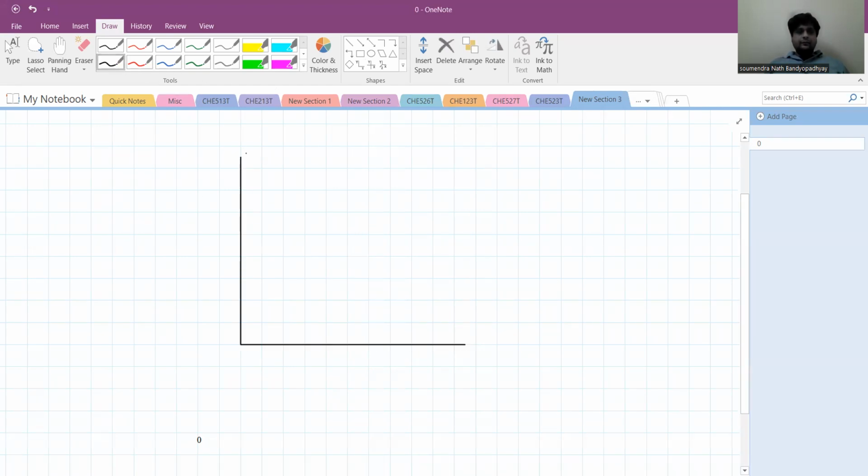I have one axis, say x-axis, which increases from the origin, and a y-axis which increases upward from the origin. Origin is defined as a 0 point.